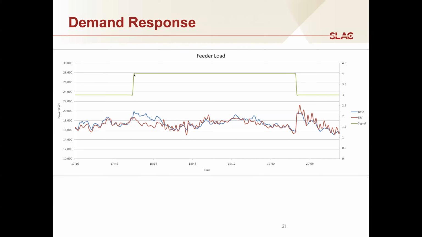But what happens is that when the curtailment signal comes on, if you compare the base load in blue to the demand response, you can see that initially there's a pretty good response from the system, a drop of at least a couple megawatts. But eventually that demand response decays as the buildings settle into their new temperature set point and go back to their normal way of operating.